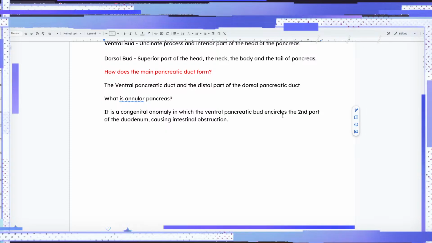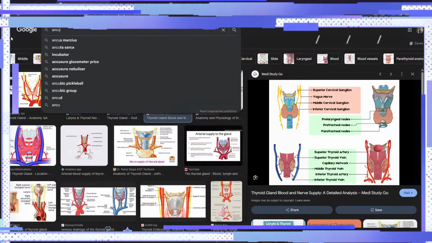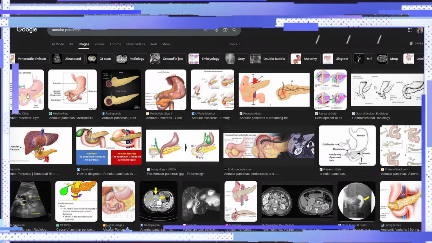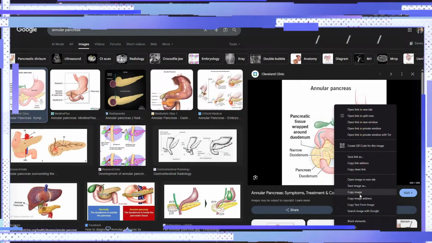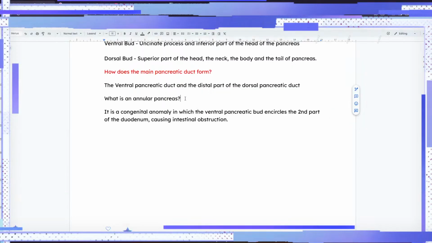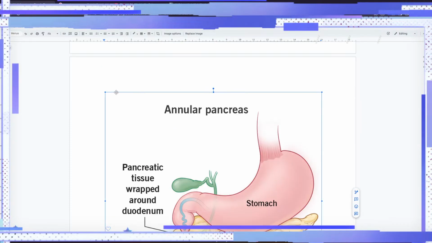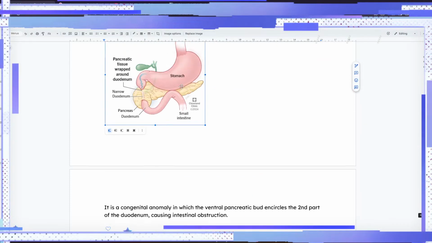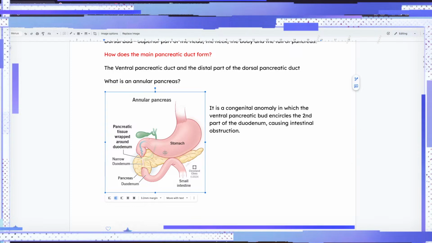Yep, that is as simple as you could tell it. Yeah, annular pancreas की image भी डाल देते हैं. Yep, first image is pretty much good enough. Like there's no wrong in it. Wow, that's a big image. इससे हम of course ऐसे कर लेते हैं.